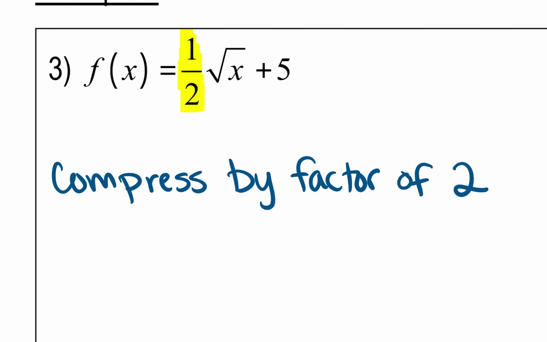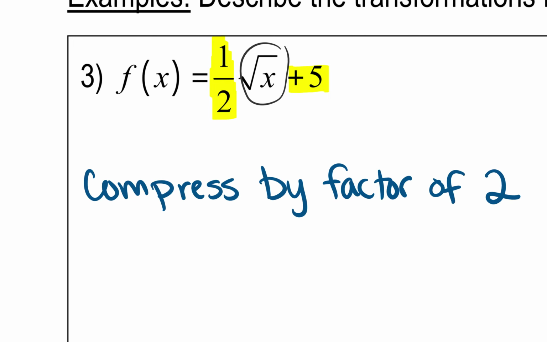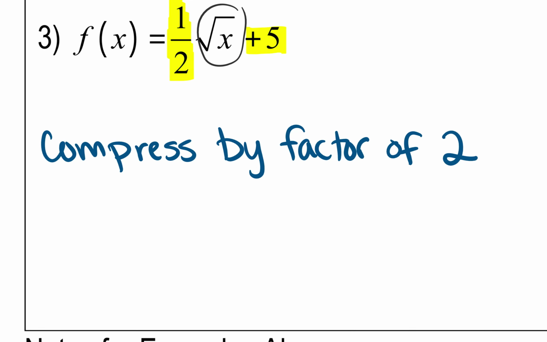Okay, and then my only other number on here is this plus 5. And notice it is outside the square root, so it's not with x. Remember, anything that's with x, or in this case, anything under the square root, goes left and right. And anything outside the square root that's not with x goes up and down. So this would be my k, right?